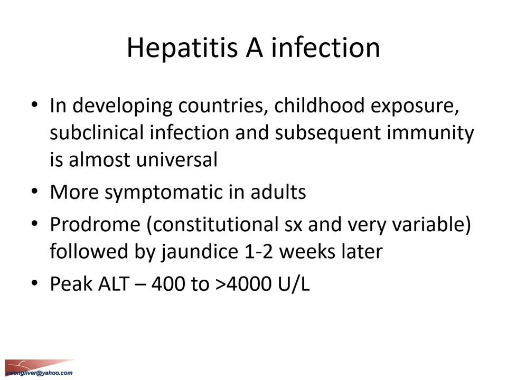Number one, I've mentioned earlier that the cause of the liver injury is your immune system, right? So if you have an active immune system and it tries to kill the virus, there's symptoms, there's increase in ALT.